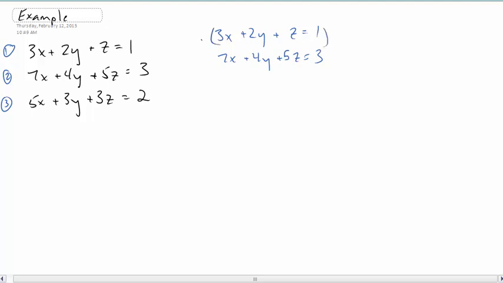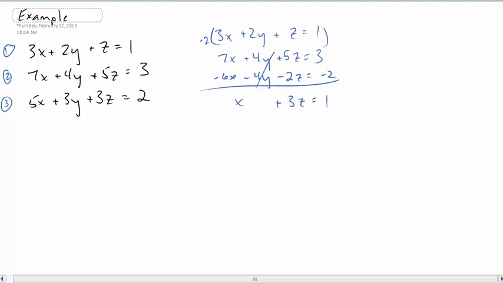So multiply the top equation by -2, we get -6x minus 4y minus 2z equals -2. We add these together, we get x plus 3z equals 1.